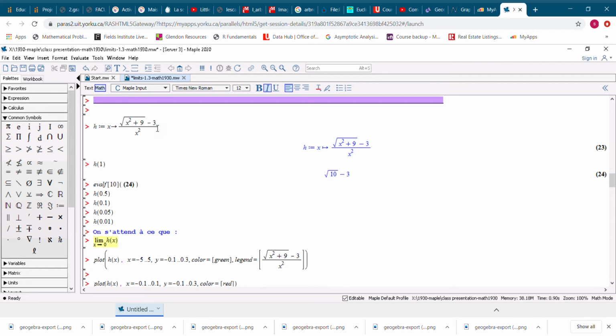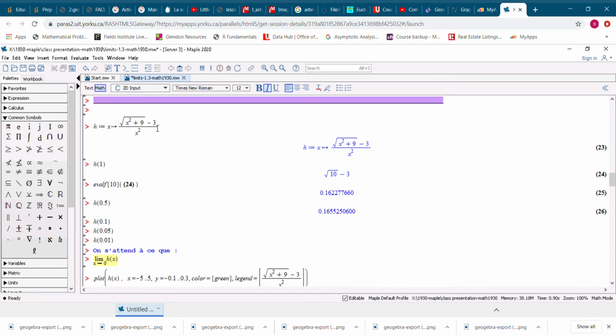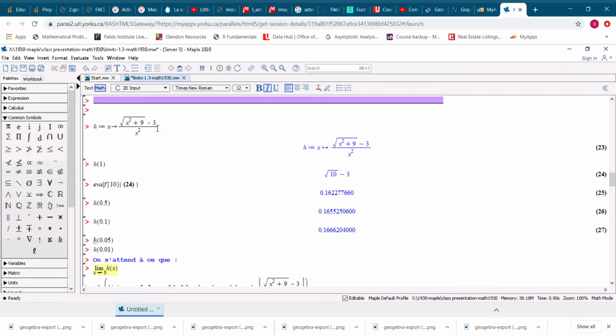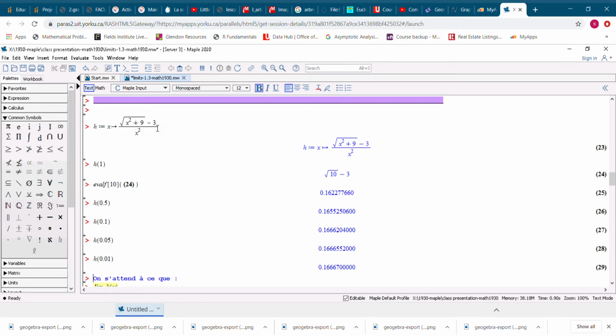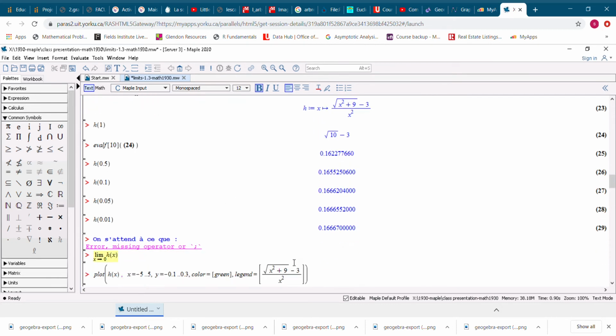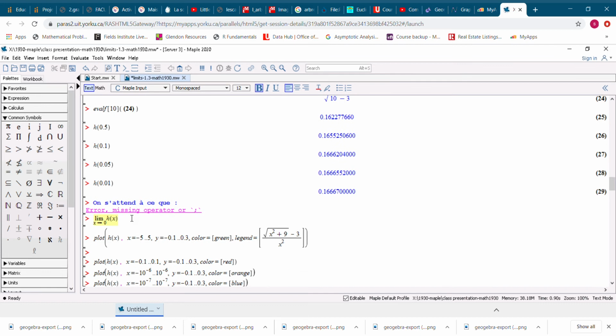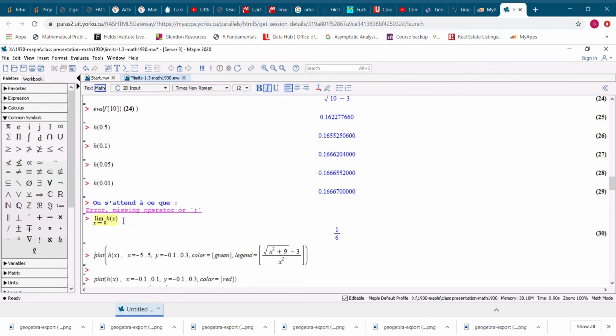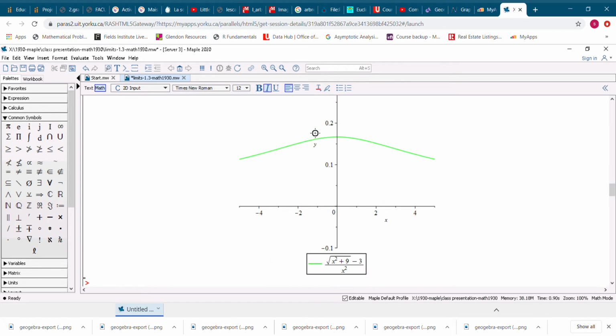Close to 0, it seems we are reaching some fixed value, so the limit will be 1/6. Let's graph the function and see again.